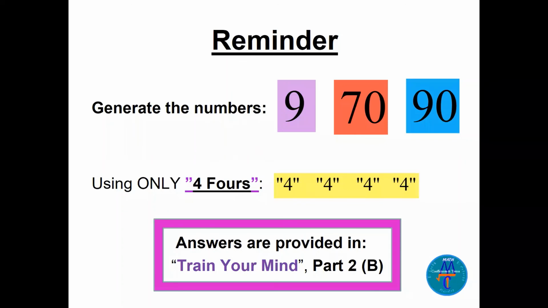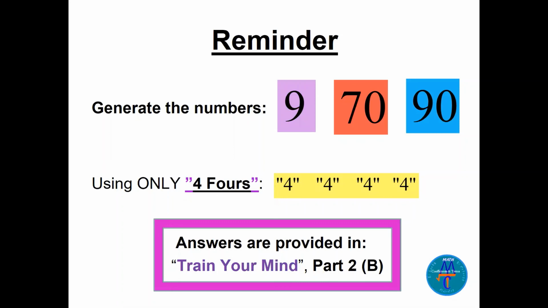Now, just to remind you that we need to generate the numbers 9, 70, and 90 using only 4 4s. And these answers will be provided in Train Your Mind Part 2B.